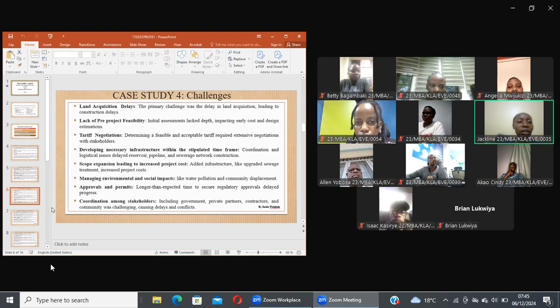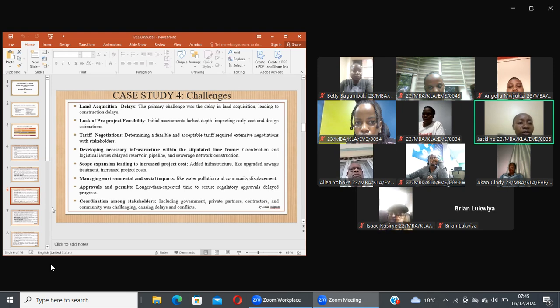Then developing necessary infrastructure within the stipulated time frame was another challenge. Coordination and logistical issues delayed reservoir, pipeline, and sewage network construction.